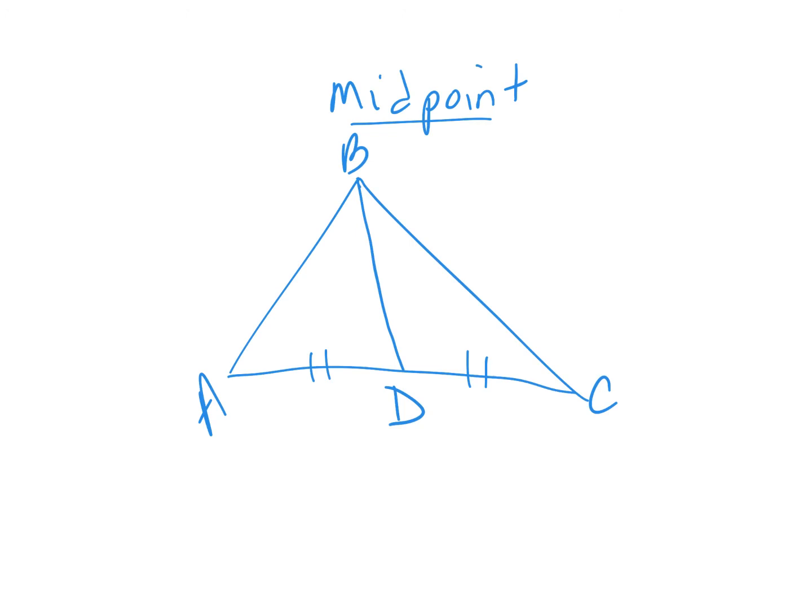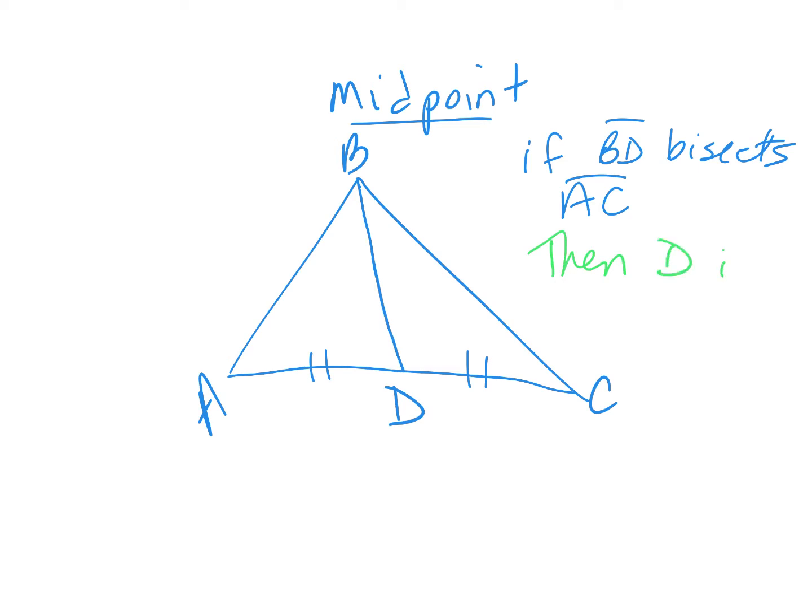If BD bisects AC, I'm going to write that. If BD bisects AC, and we know it does because it cut it in two equal pieces, right? Then D is a midpoint of AC.